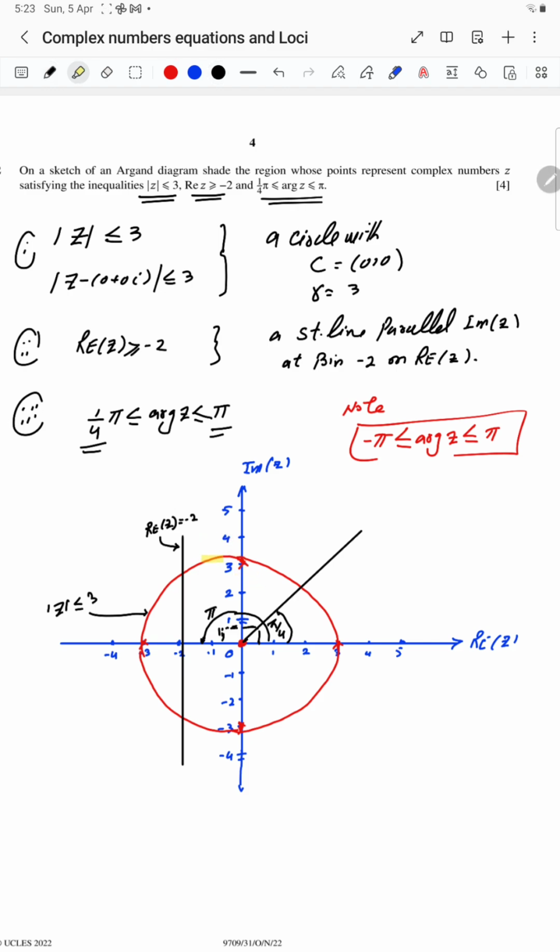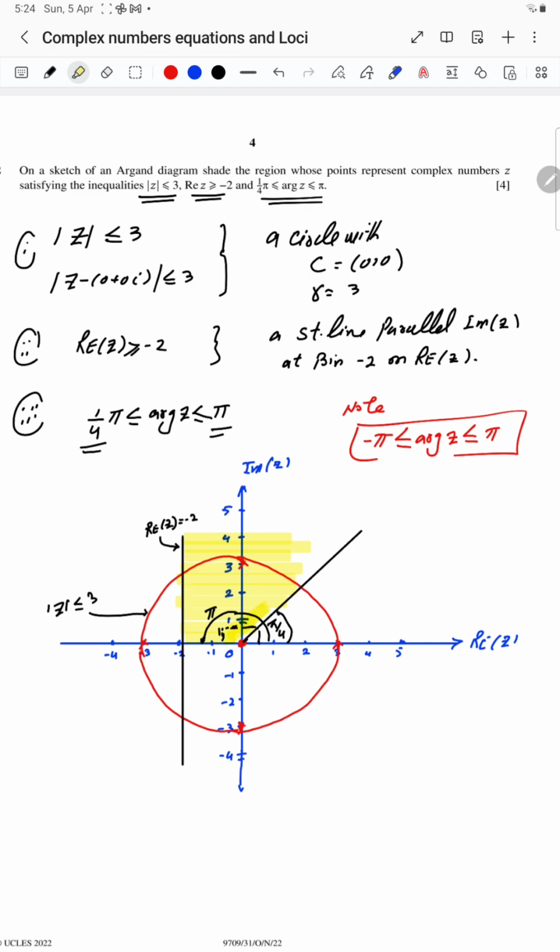So the first option, real of z is bigger than or equal to -2. All the area comes on this side. I need to shade this one, -2 as well. All the area, but the area which is satisfying the three inequalities. The second one, the radius should be less than 3, so it must be inside the circle.